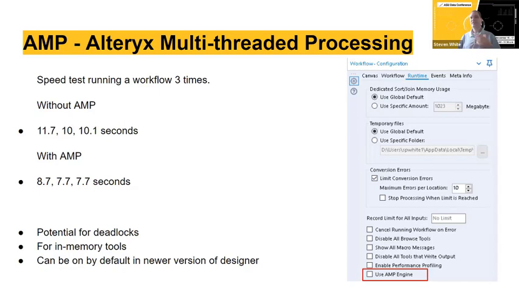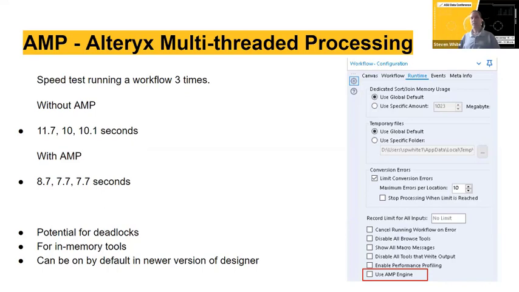So this doesn't work for all workflows. It seems to be relatively deterministic in the sense that depending on your workflow design, it's either going to work or it's not going to work. So if you happen to get that error, your workflow is just not eligible to use the AMP engine in its current state. But if it is able to run it, it speeds it up a bit.